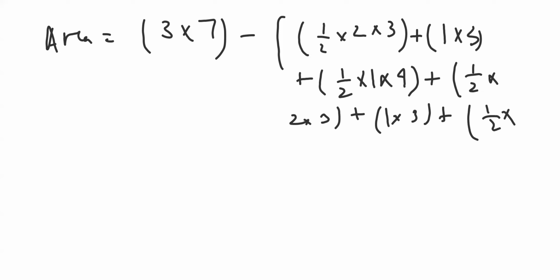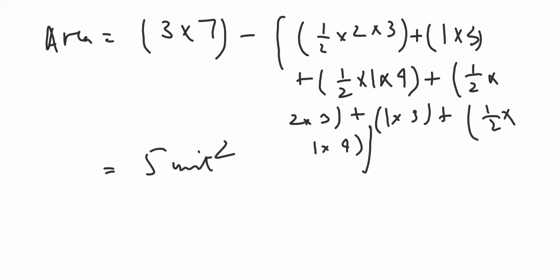When you look at the graph, you'll understand where we got these from. This is simply finding out the area of the shaded region. When we solve this, what we get is 5. So we got an area of 5 square units.